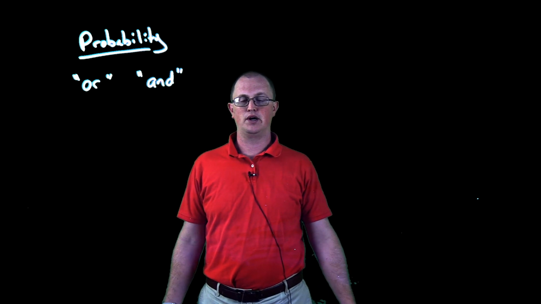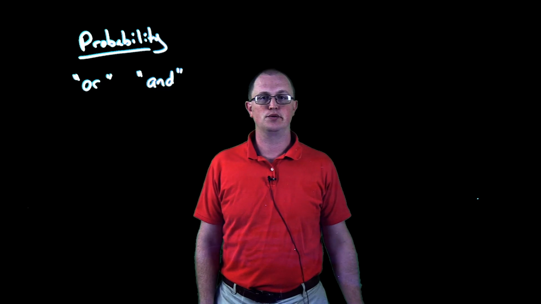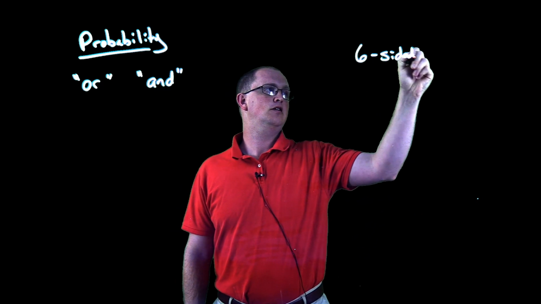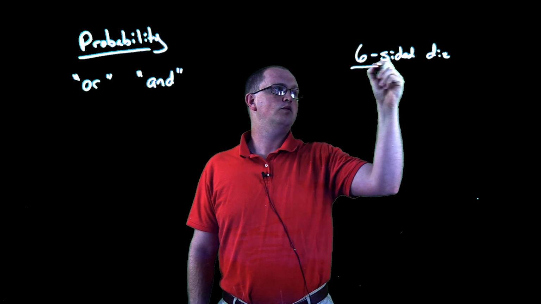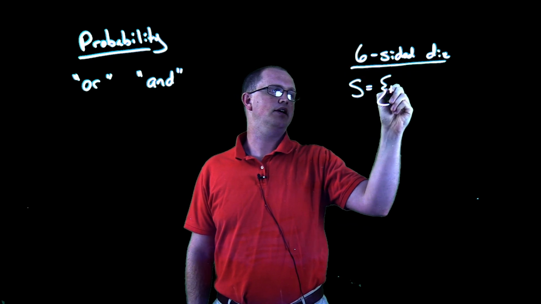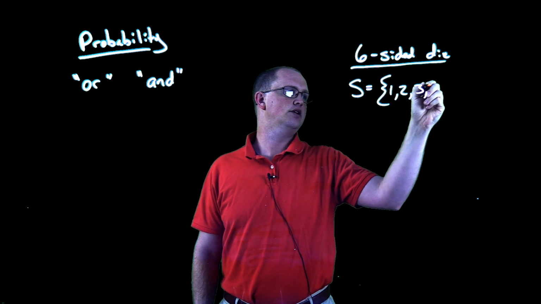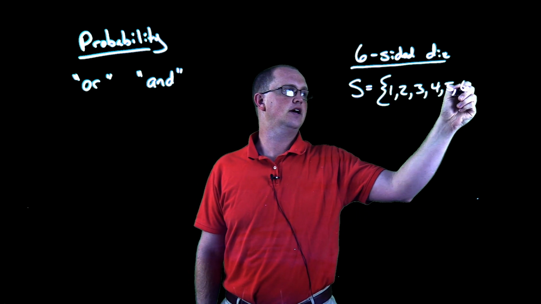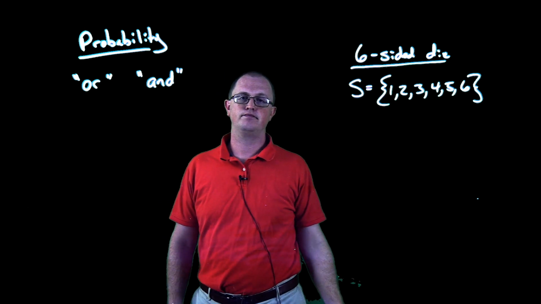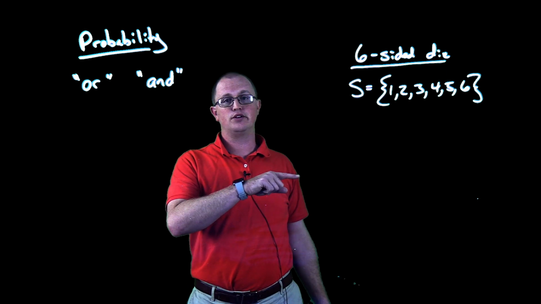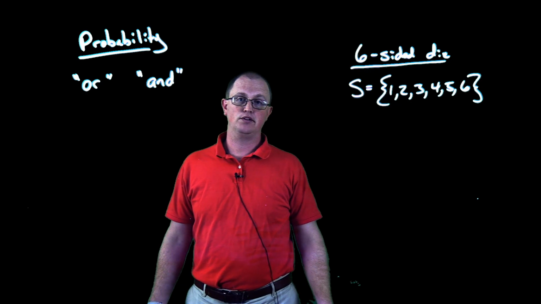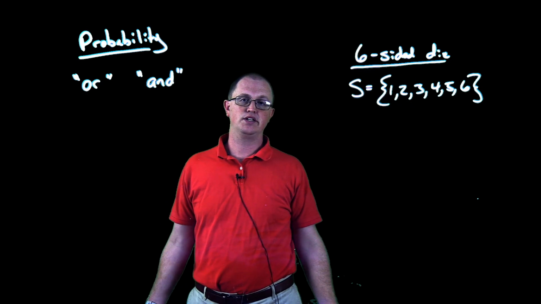So, quick reminder, let's consider the situation where I have a six-sided die. We've previously said that the sample space for rolling a six-sided die is 1, 2, 3, 4, 5, or 6, and that those events are equally likely. Each individual outcome is called a simple event, but we can define other events.